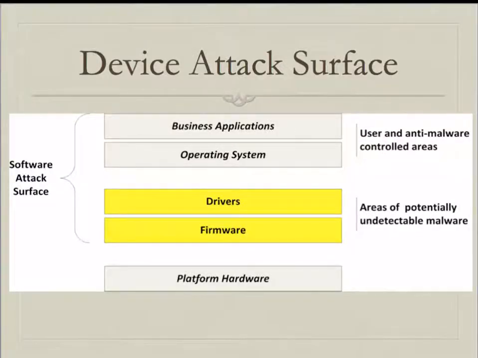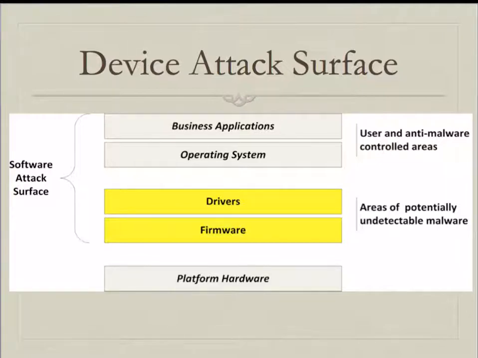Again, we're looking at device attack surface. Remember I talked about in the last slide that trust begins when the system is starting up. That's what this slide is showing. This is a traditional BIOS startup. You notice that we have the hardware, we have firmware that is loaded from the BIOS chip and from other devices.